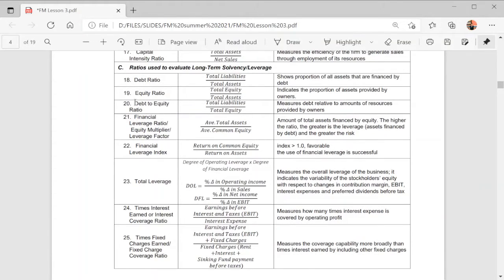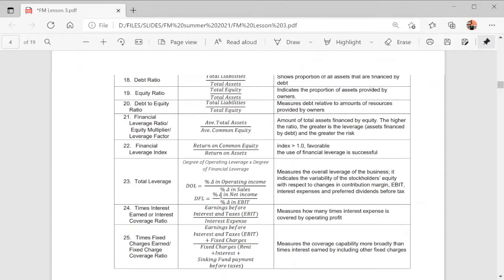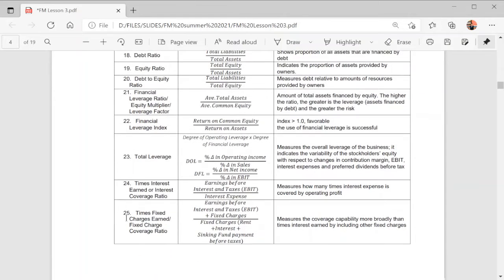Then another common formula is times interest earned, TIE, or interest coverage ratio. Actually, it is the most common one used in problems, like items 19 to 21 and 24. The formula is EBIT over interest expense.